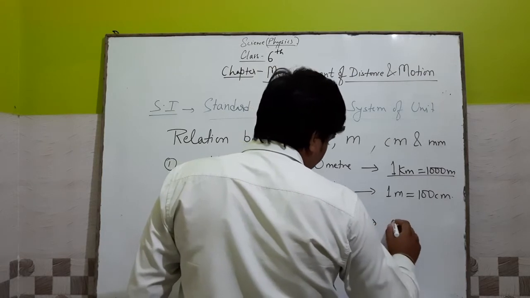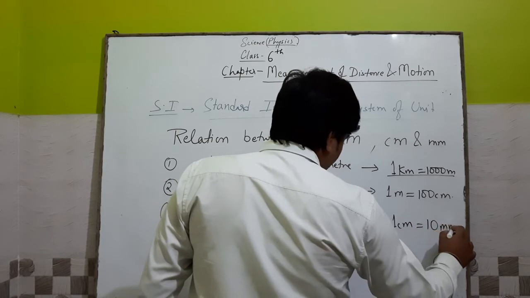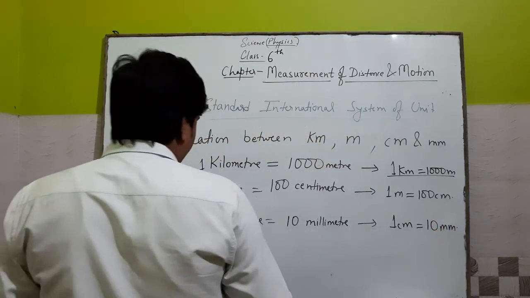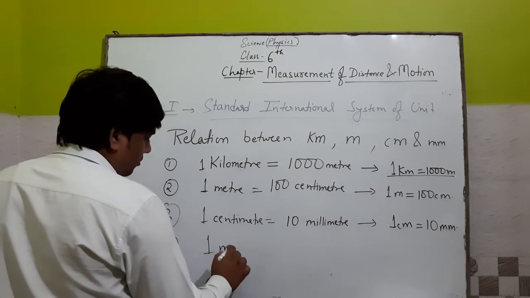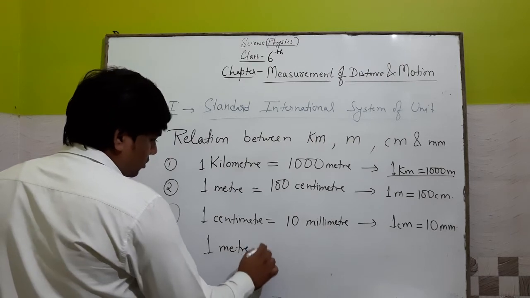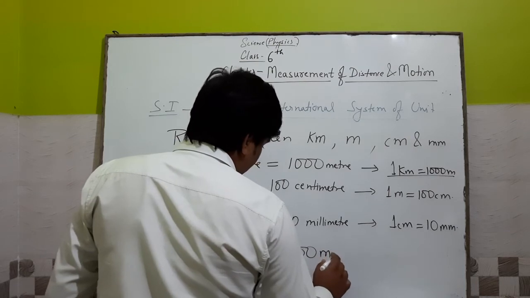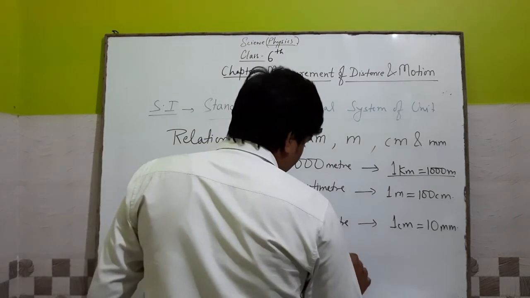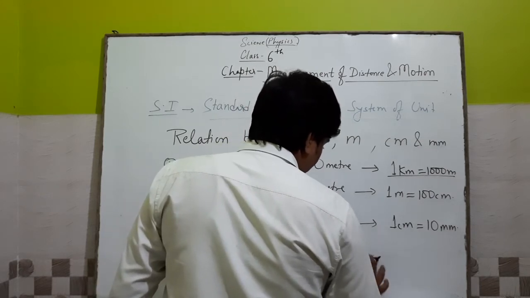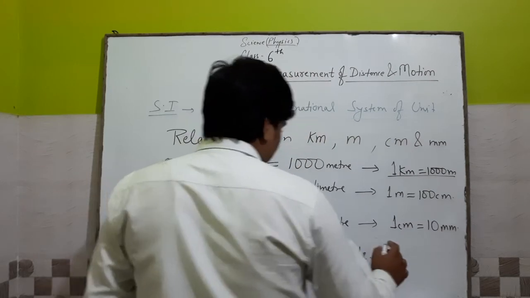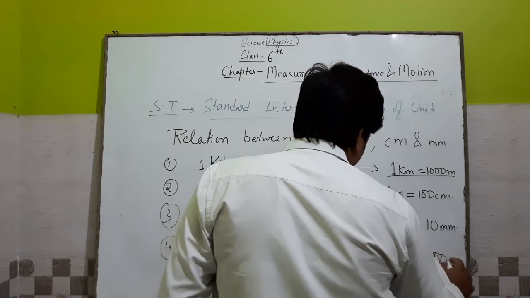In symbolic form, 1 cm is equal to 10 mm. And fourth one is 1 meter is equal to 1000 millimeter. In symbolic form, you write 1 meter is equal to 1000 millimeter.